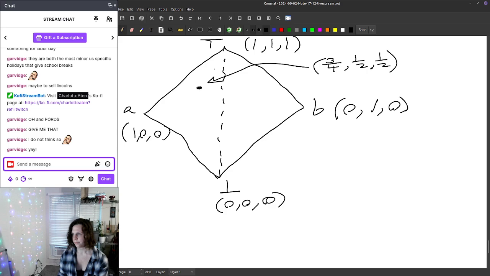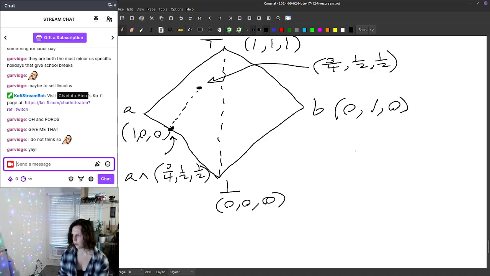So I took the meet with A and I ended up down here. This isn't a very good drawing, but there's a right angle here actually. So that was the meet, and that point would be A meet 3/4, 1/2, 1/2.